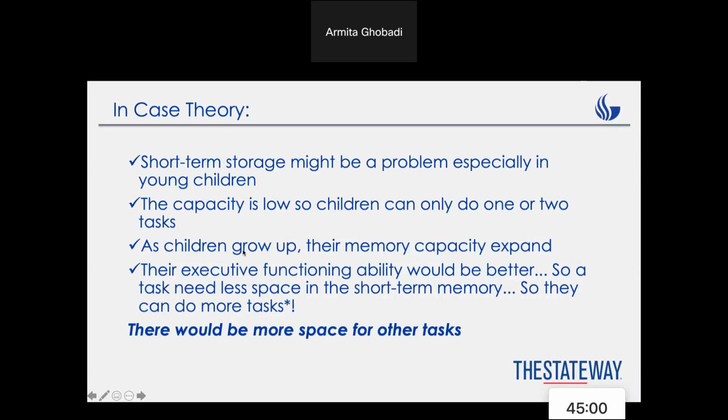As children grow up, their memory capacity expands and they can process information faster and faster. But it doesn't necessarily mean that because they are getting older, this process is going to be faster every time. There's going to be a limit for that.